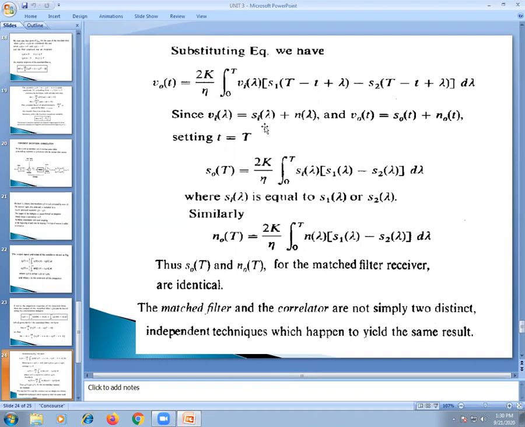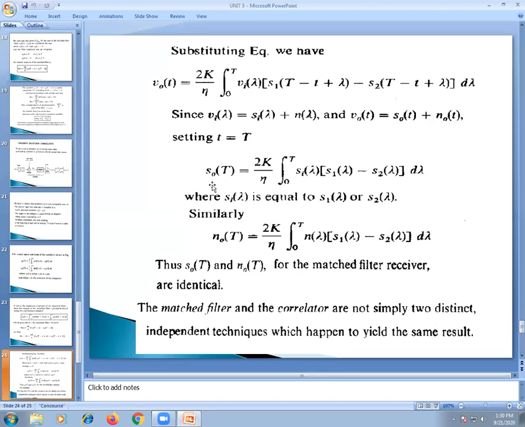Since vi of lambda is equal to s1 of lambda plus n of lambda, because the input signal is s plus n, the output signal is s naught of lambda plus n naught of lambda.